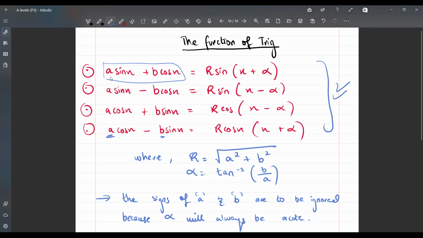Because let's say you encounter a question in which a sin x plus b cos x cannot be converted into a single function or cannot be solved. So you need to know that a sin x plus b cos x is r sin(x plus alpha). And similarly, a sin x minus b cos x is r sin(x minus alpha), and so on and so forth, like the ones written here.